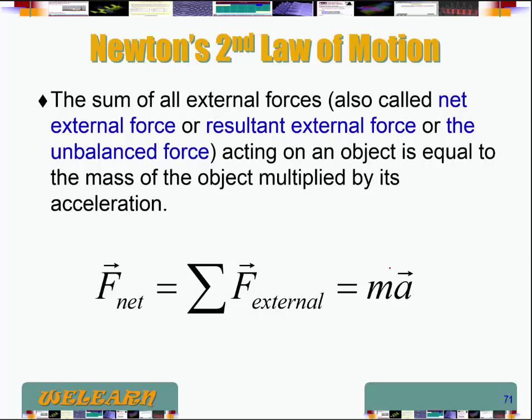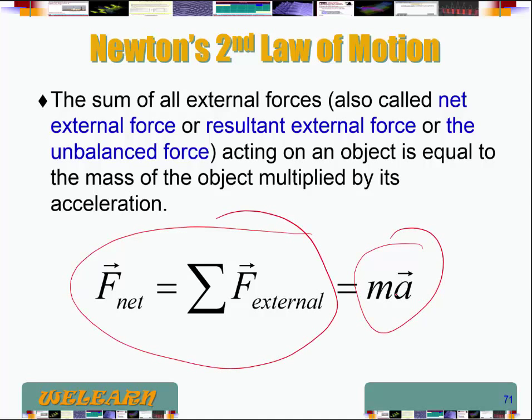It says the sum of all external forces, or the net force, is equal to the mass times the acceleration. The net force, or sum of all external forces, is ma. In this case, the only external force is the gravitational force. That's the only force, the gravitational force. That's important.